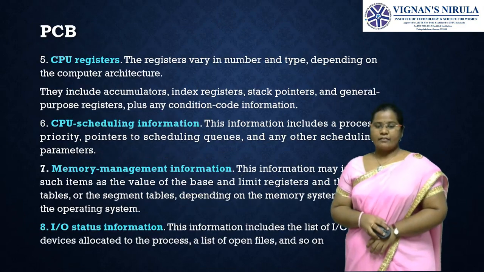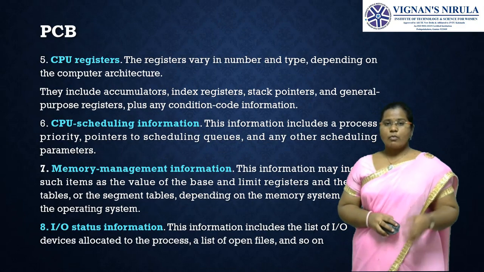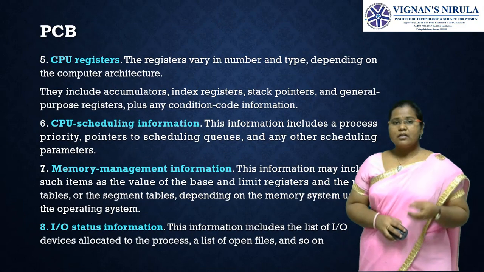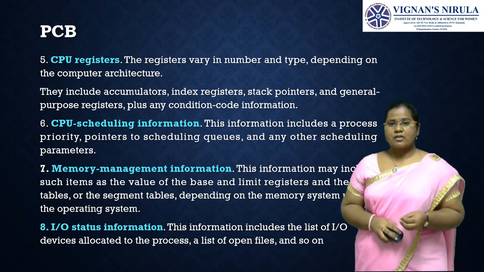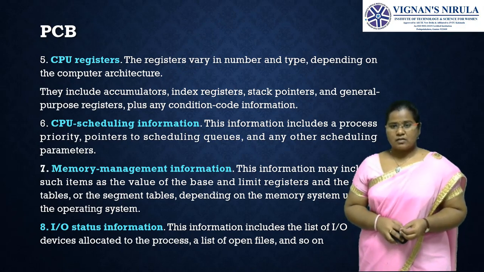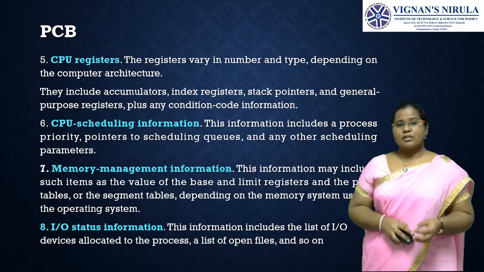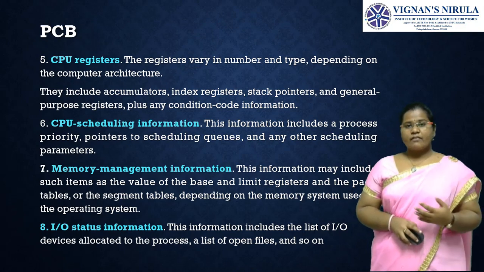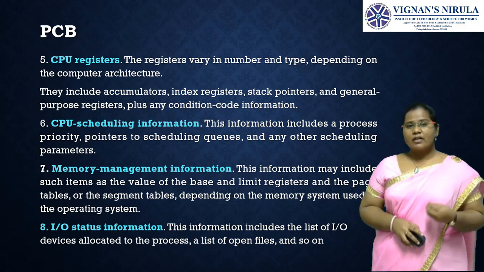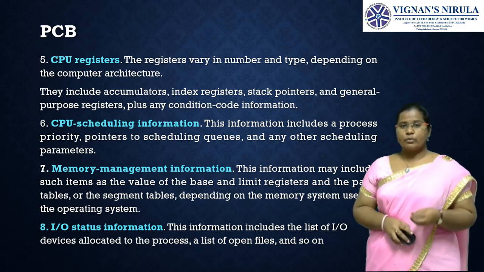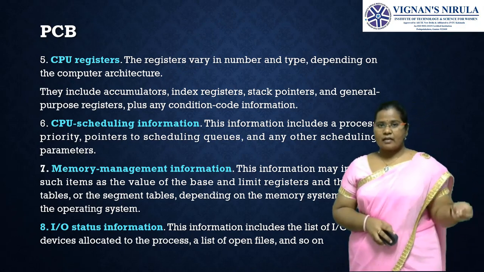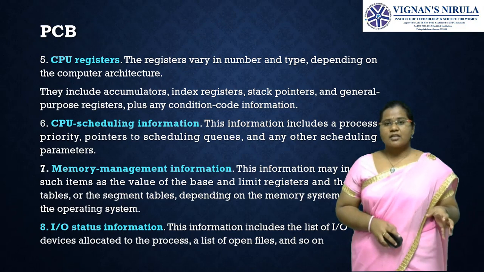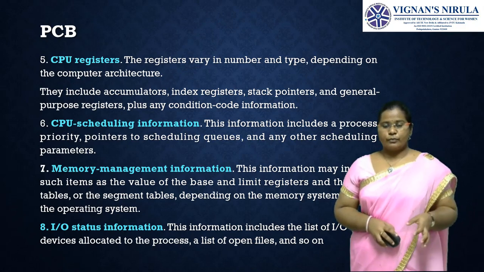And then we have the CPU registers. All the values your process is going to use are placed in the CPU registers. There are a number of registers present in your CPU. For example, if you want to load an instruction into the CPU, that instruction is taken from main memory and loaded into the instruction register present in your CPU.